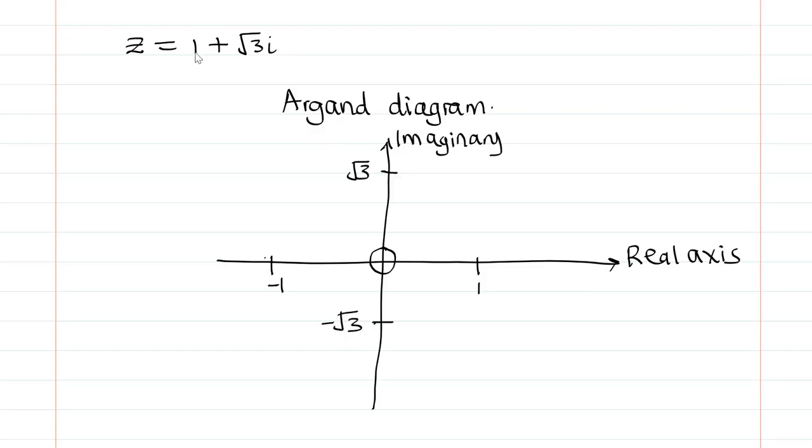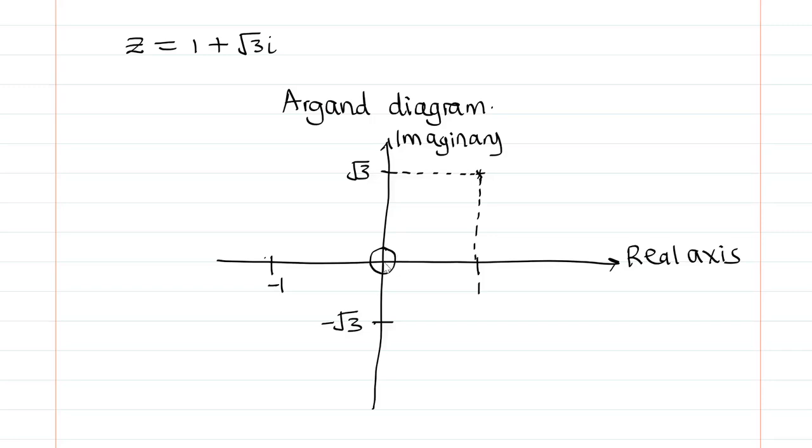When you come back to our question, we have positive 1, which is here. We have positive root 3, which is up here. Then you simply find where they meet. They are intersecting somewhere here. You do not need to be very accurate, and you don't need graph paper. This is just a rough estimate.